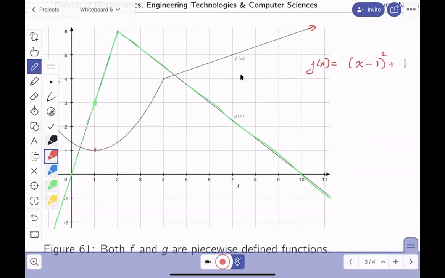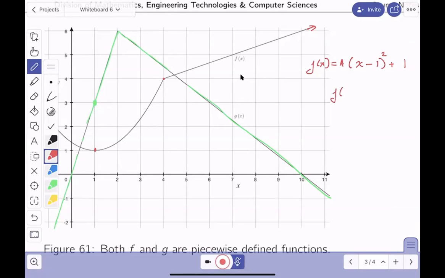Let me see if that does it for me. And why am I looking at this parabola over here? So I'm looking at the point 4, and 4 would give me what? That would give me 4 minus 1 is 3, and 3 squared is 9. 9 plus 1, that doesn't do it. That'll give me 4. So I'm looking for this coefficient here, by the way.